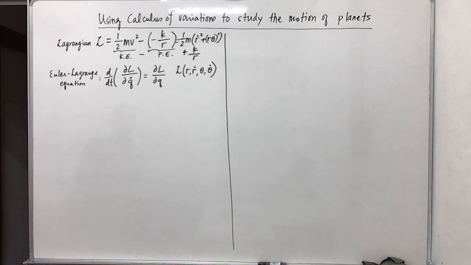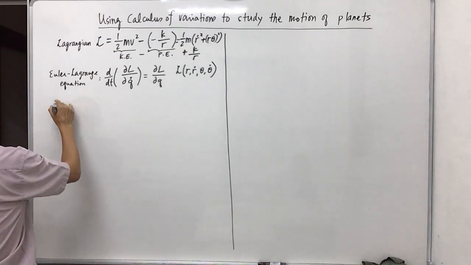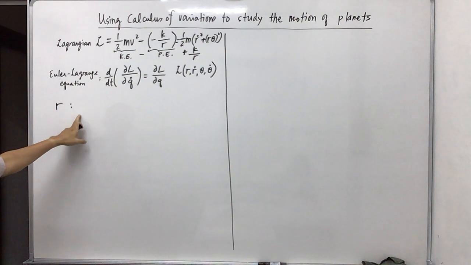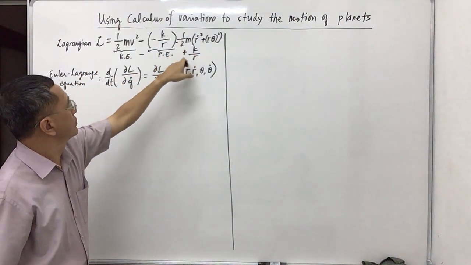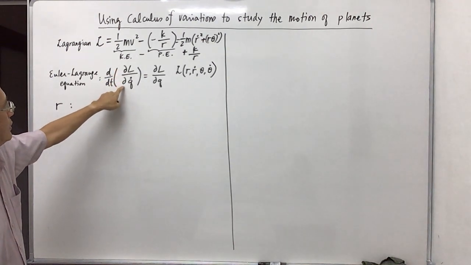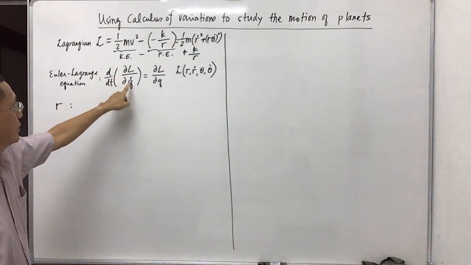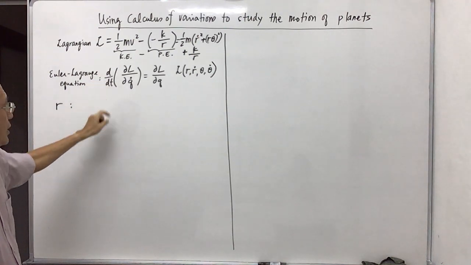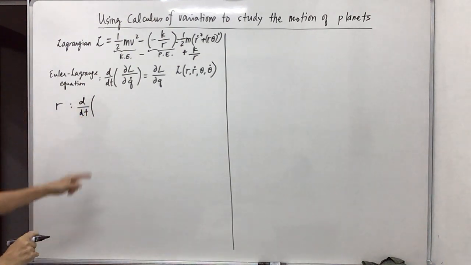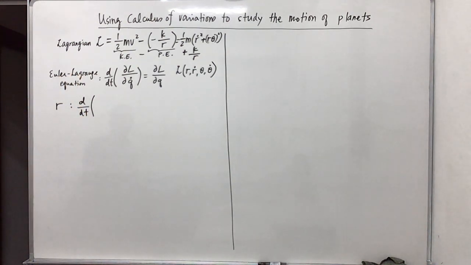Okay, so let's begin. We're going to do lots of differentiation today. First, let's work with r. To be careful, we're going to work with our Lagrangian, and differentiate del L over del q dot, del r dot in our case, and later on differentiate with respect to time. So let's leave the derivative with respect to time outside first, and do the del L over del r dot.